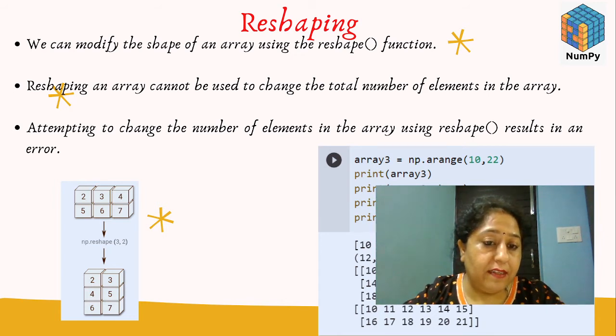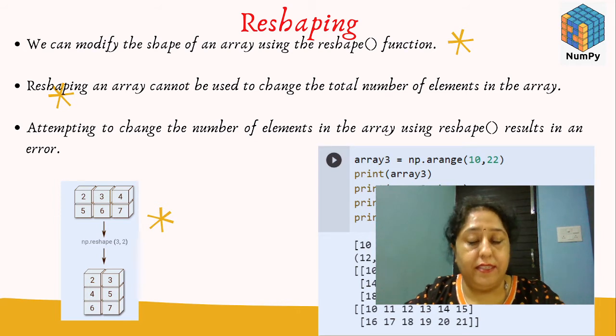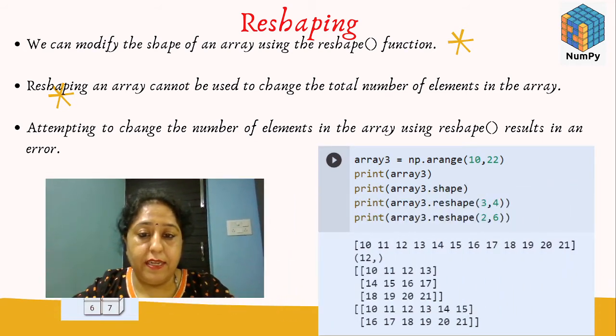You can see the matrix here in the figure, which has 2 rows and 3 columns. When you write np.reshape 3, 2, it will now have 3 rows and 2 columns. But the number of elements in the array remains the same. Let us understand this with this code.